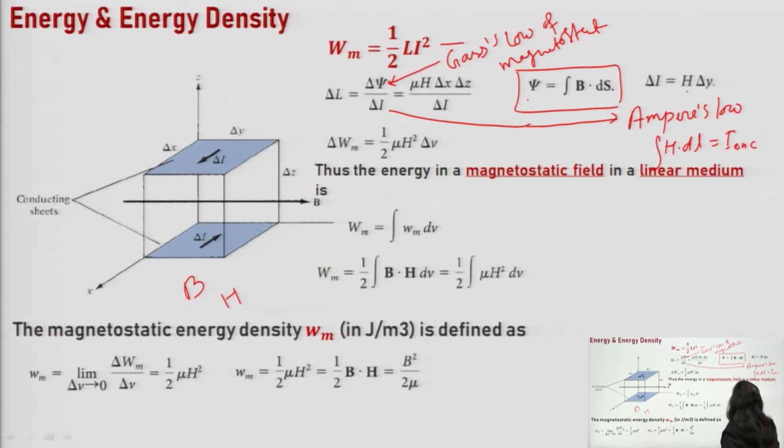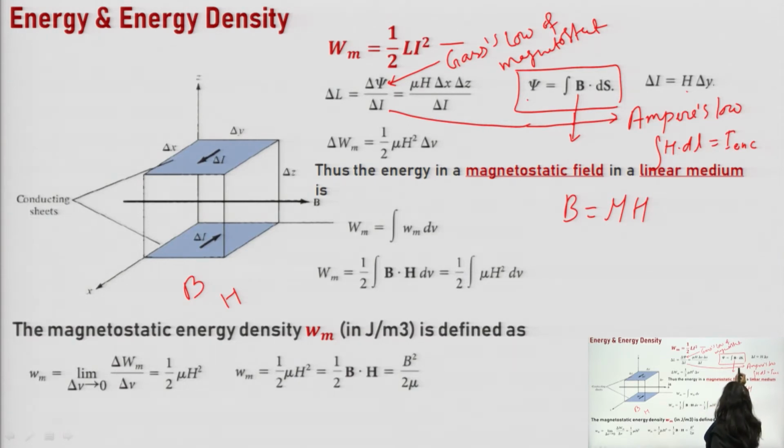So with the help of these formulas we can write the phi value and I value and can find the value of inductance. Here phi is equal to B dot ds, where B is the magnetic flux density. We can write B as mu H, because B is equal to mu H, where mu is the permeability and H is the magnetic field intensity.